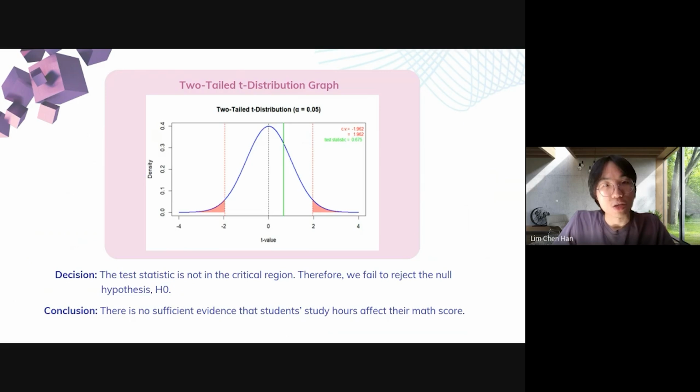Based on our two-tailed t-distribution graph, the test statistic, the green line, is not in the critical region. Therefore, we fail to reject the null hypothesis H0. In conclusion, there is no sufficient evidence that student study hours affect their math score, and we cannot use study hours to predict the student's math score.